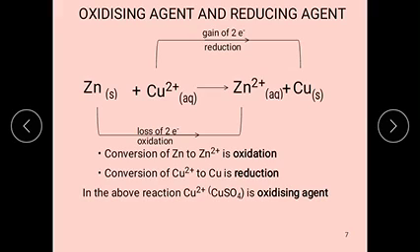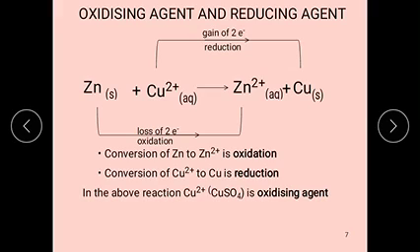Oxidation: the process of loss of electrons, or increasing the oxidation number of an element, or the process of addition of oxygen, or the removal of hydrogen from an atom, ion or molecule.